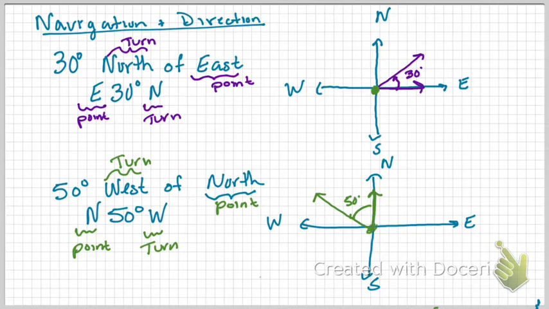That plane could be coming from any one of 360 degrees. And this is how they refer to the direction of the plane coming in. So some air traffic controller could be here and says, he spots a plane 50 degrees northwest. Then you have to know what that means.